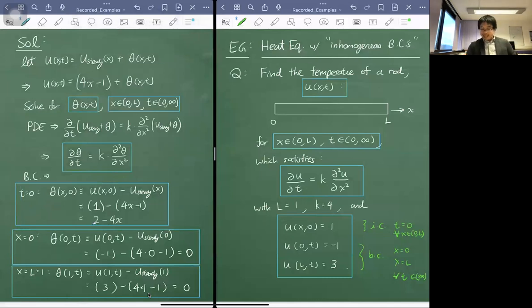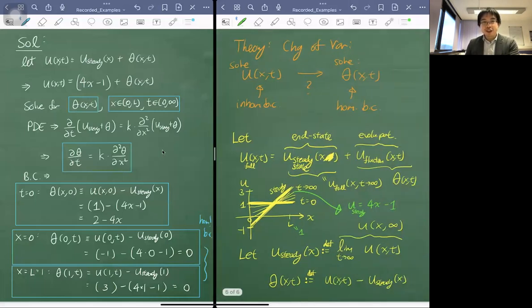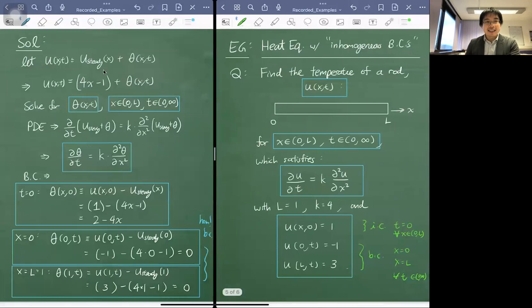Notice these are now homogeneous boundary conditions, right? So this is the idea: by making this substitution, basically making this change in variable, notice this is the original problem, the target function is u, and we went from u to theta.